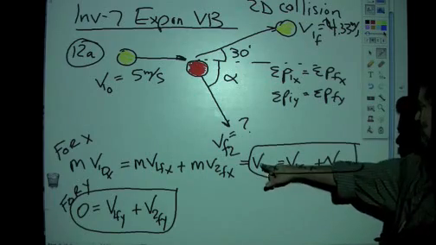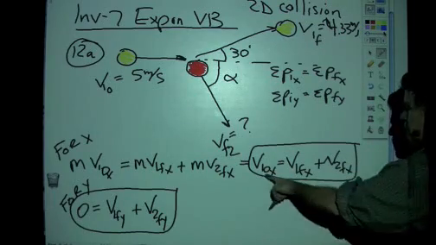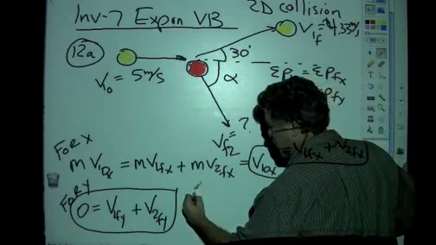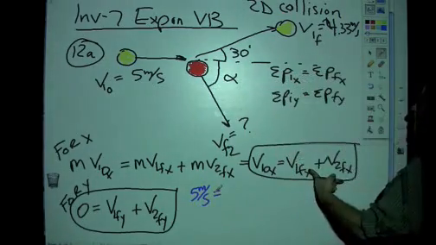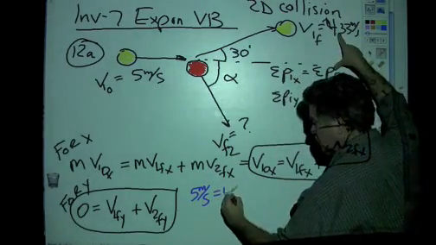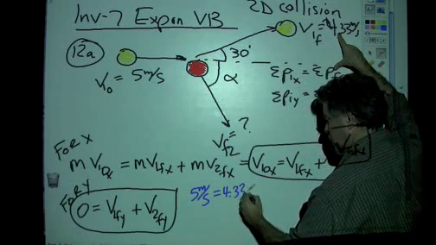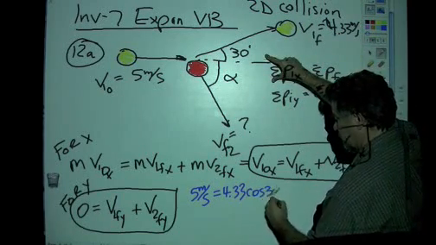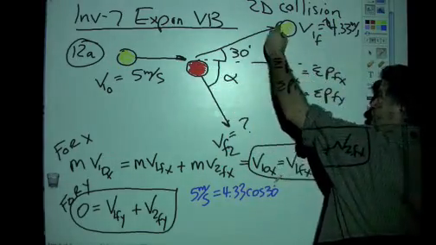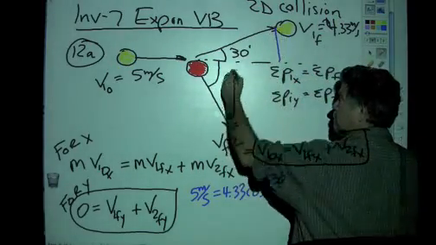Now let's plug in our numbers and our sines and cosines. So I have 5 meters per second equals 4.33 times cosine of 30, because that's cosine for my X. So I really have 2 triangles produced here.